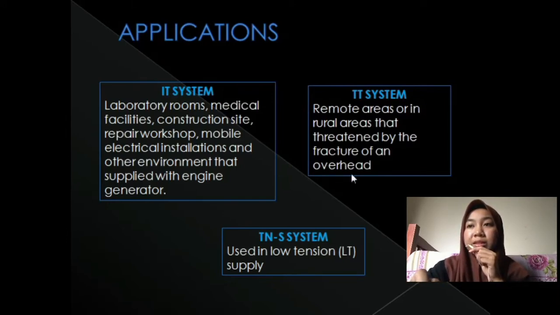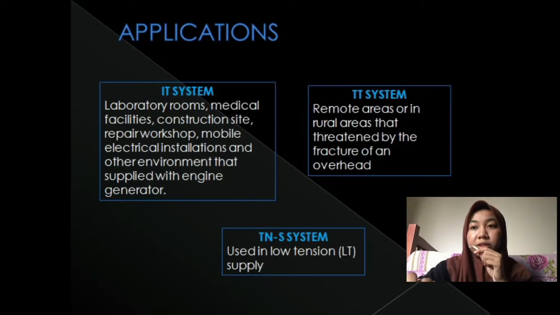Next, for the TT system, it's used in remote areas or rural areas that are threatened by the fracture of an overhead line. So for the TN-S system, it is used in low tension (LT) supply in India because the neutral is double grounded at each distribution transformer.